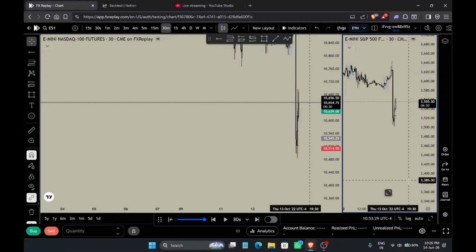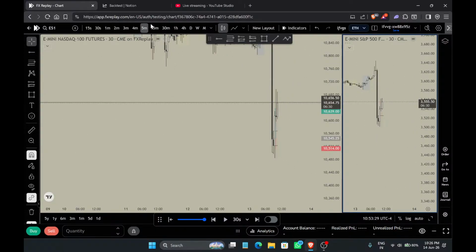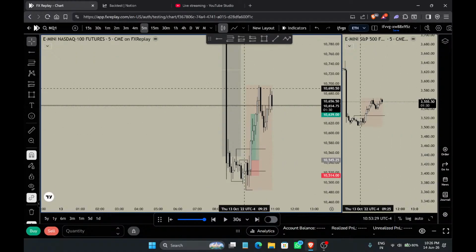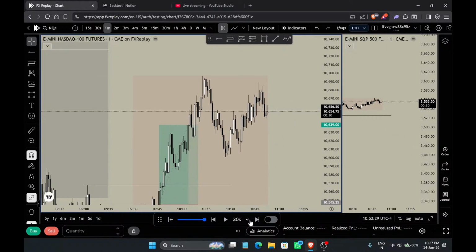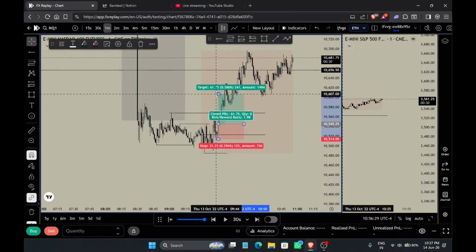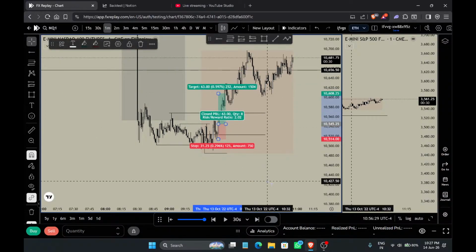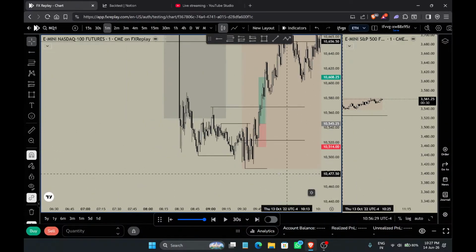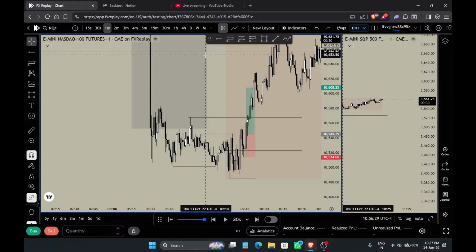Probably, we have SMDs over there with that lava. We actually aim for 2R. We got the 2R. We are done for the day. This is an average trade, not a really good trade, but that's why it was lower also. And hope for a higher.